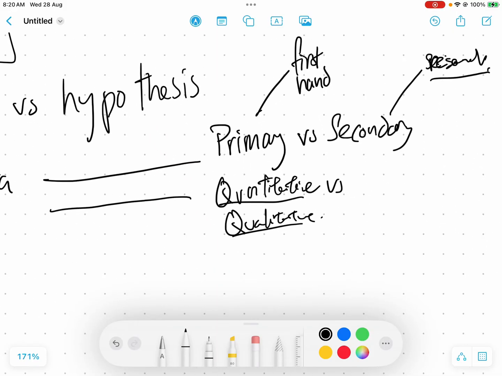For quantitative and qualitative data, if we talk about quantitative data, we are looking at numbers, definitely. As literal as it sounds, we are looking at data that can be quantified, for example, your marks for a geography paper. For qualitative data, it is data that is not easily measurable.